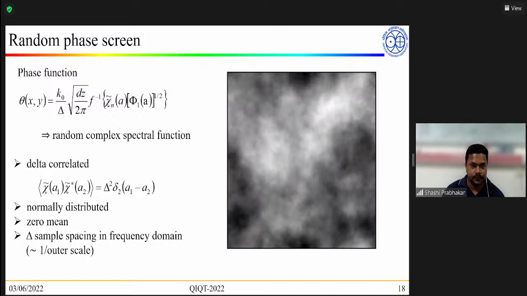So these are correlated functions. So between two points, the correlation decreases with distance, and they are not going to change anything else, like the total input intensity will be the total output intensity.